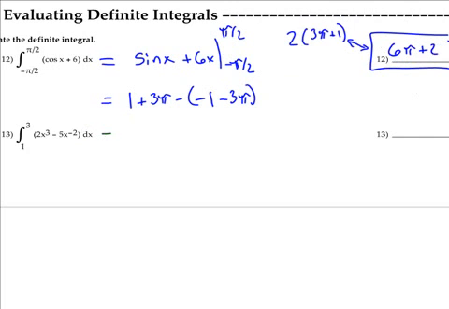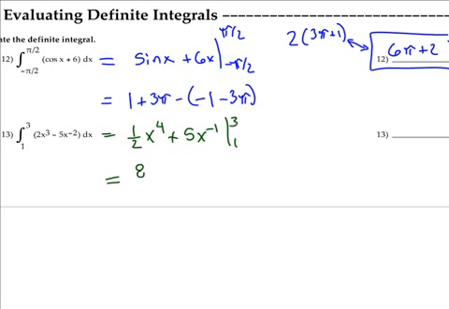Here goes number 13. What's the antiderivative of 2x to the third? What's the antiderivative of negative 5x to the negative 2? Let's see, if we add 1 to negative 2, we get negative 1. Divide by that, it gives us a positive 5. Okay, good. And then we go from 1 to 3, right?